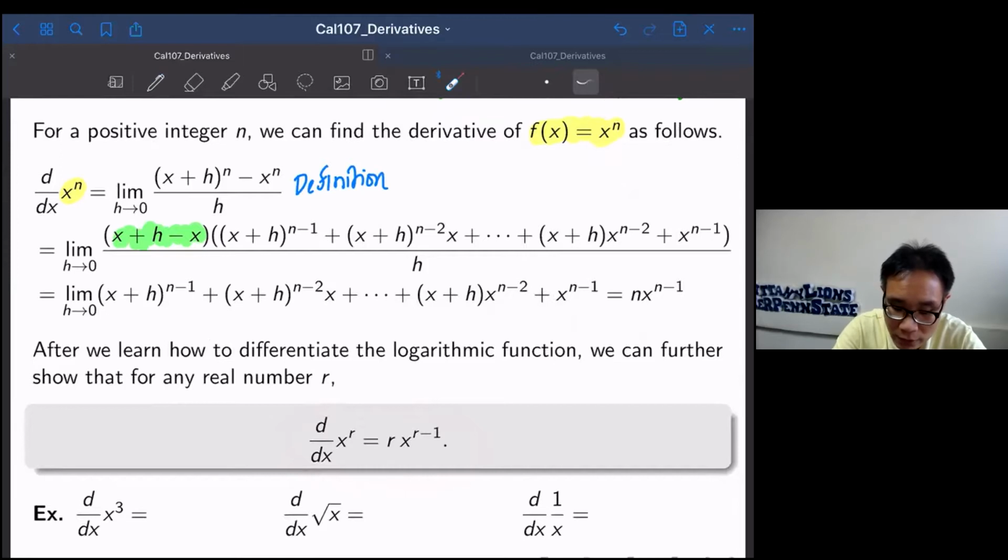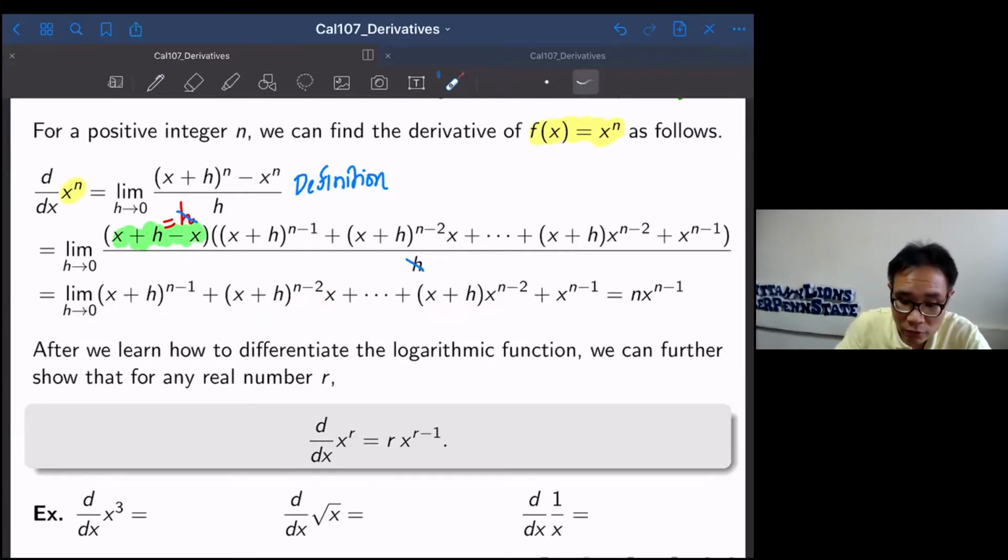So you see that in the green one, if you simplify, x plus h minus x gives h, since x and minus x cancel each other. And you cancel h here and h here, so you get rid of this parenthesis together with this h. So you just have (x plus h) to the n minus 1, (x plus h) to the n minus 2 times x, and so on.